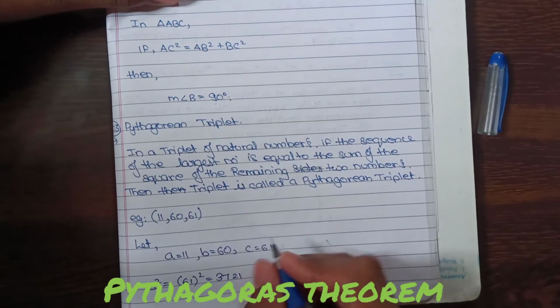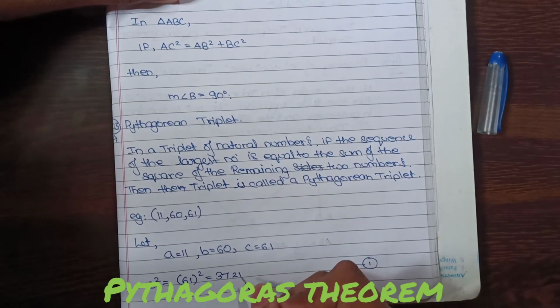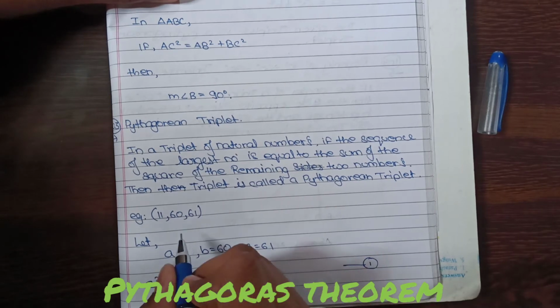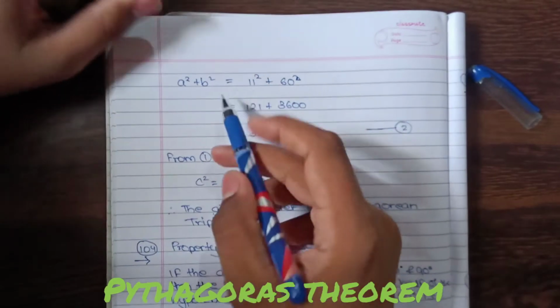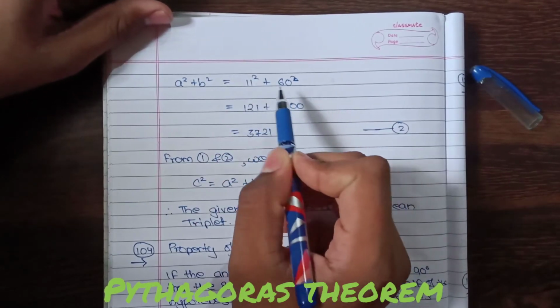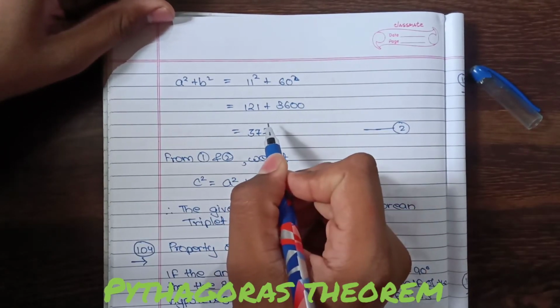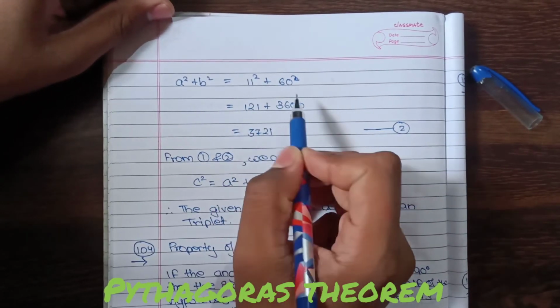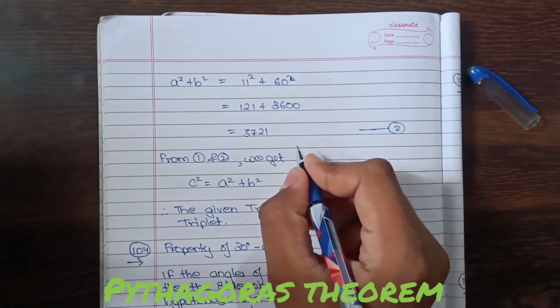So first we'll find the square of 61, which is the largest number, so it equals 3721. Now we'll find the addition of squares of these two numbers. So a square plus b square equals 11 square plus 60 square. Now 11 square equals 121 and 60 square equals 3600, and 3600 plus 121 is nothing but 3721.